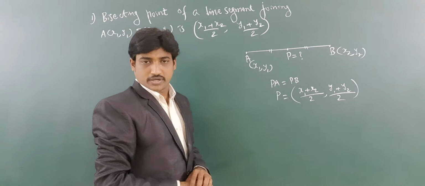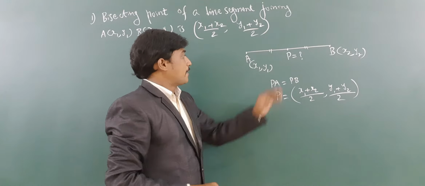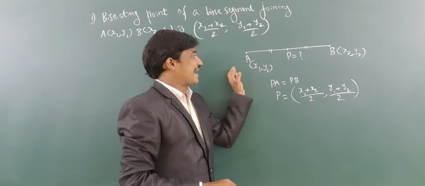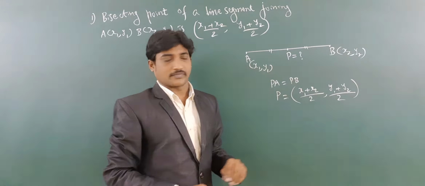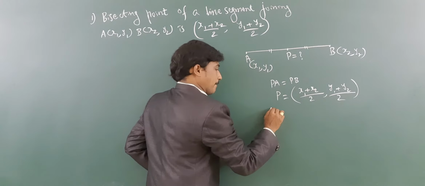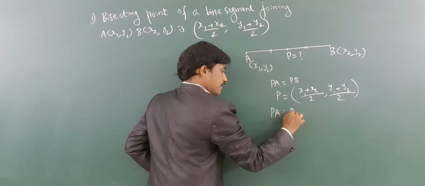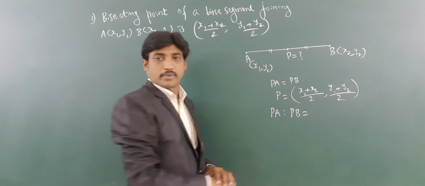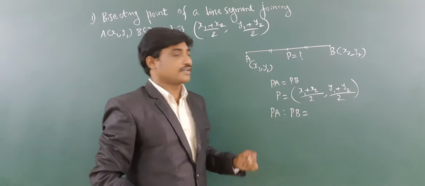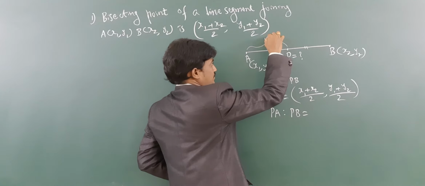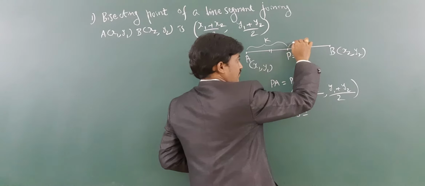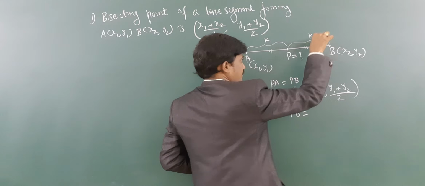We can come to know that P is dividing AB in the ratio 1:1. That means PA is to PB. Let us take PA as some K units and PB as also K units.